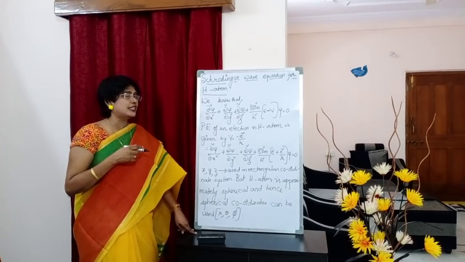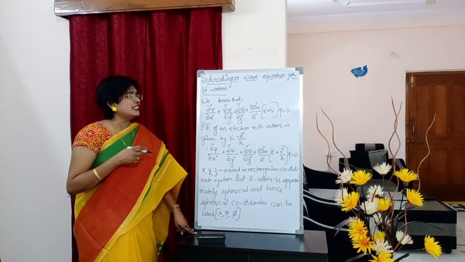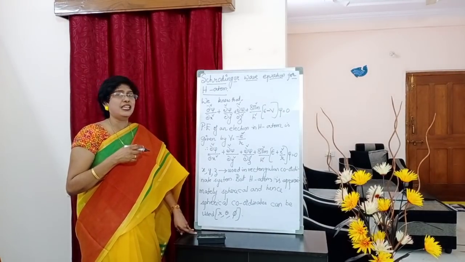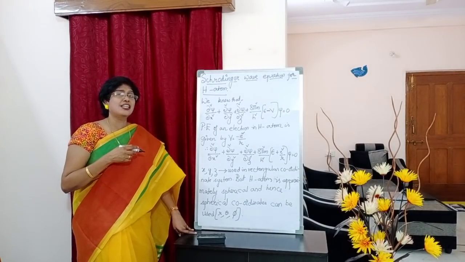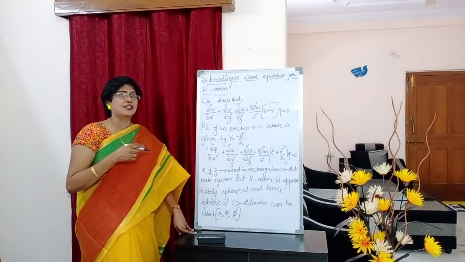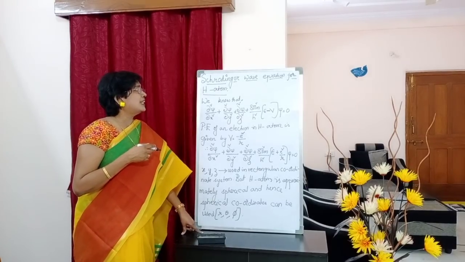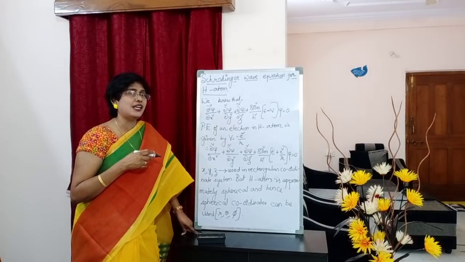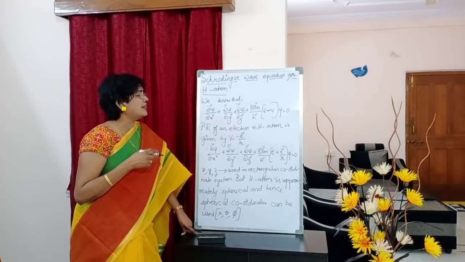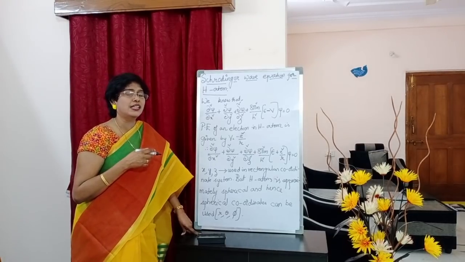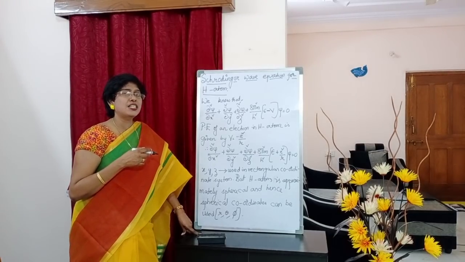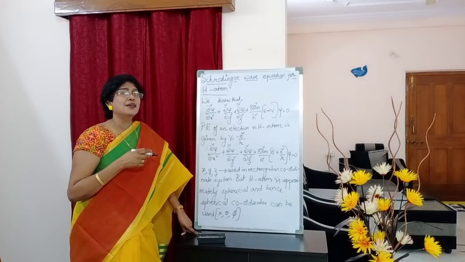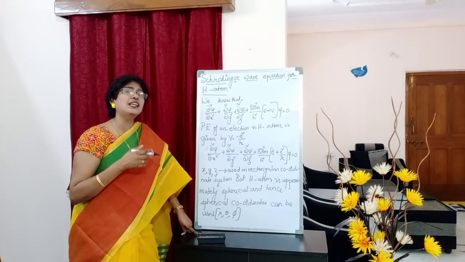So we know this equation. What is E and what is V, students? V is potential energy, E is total energy. But here we want the Schrodinger wave equation for hydrogen atom. For an electron in a hydrogen atom, potential energy is given by minus e square by r.